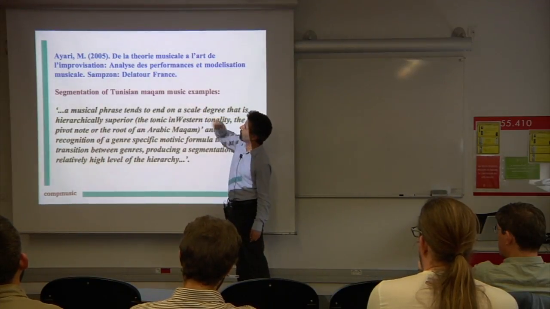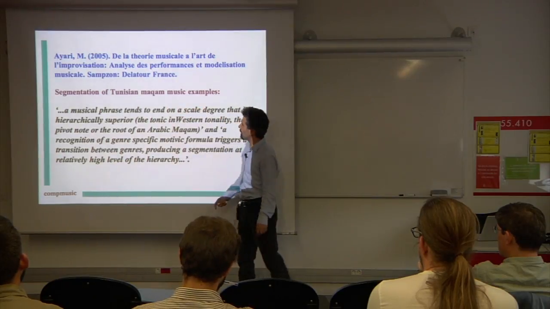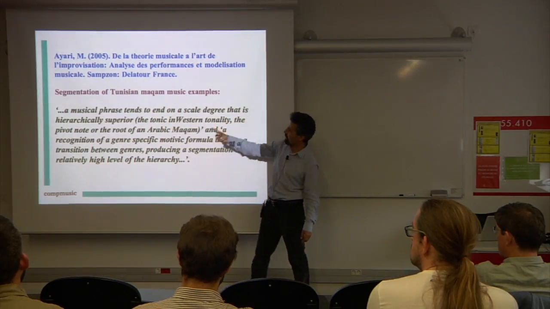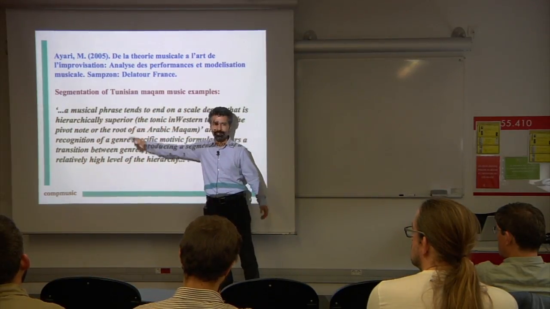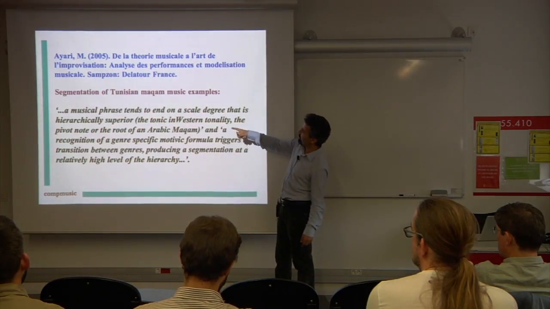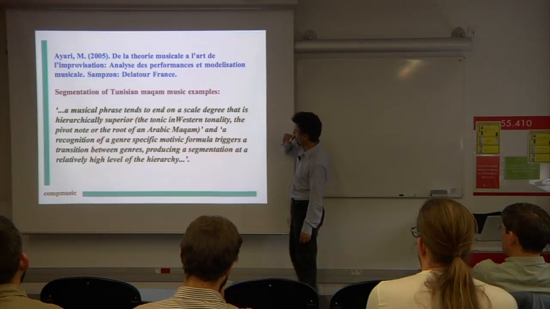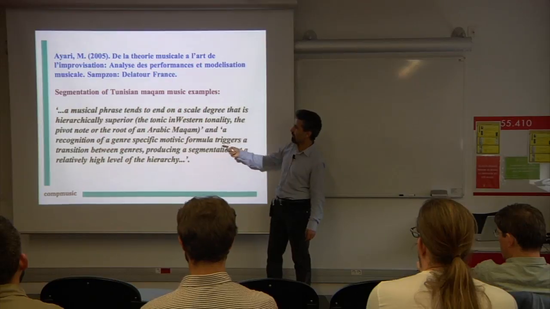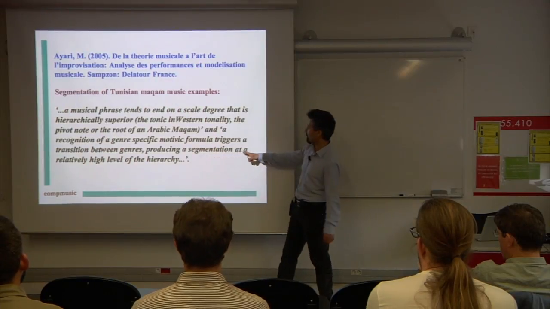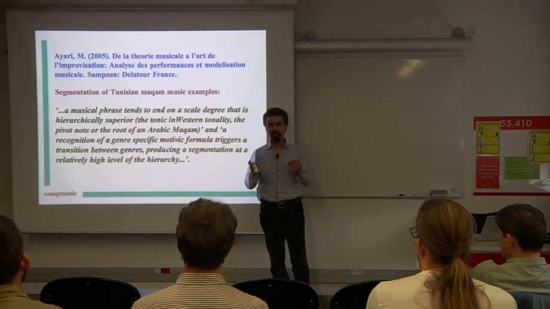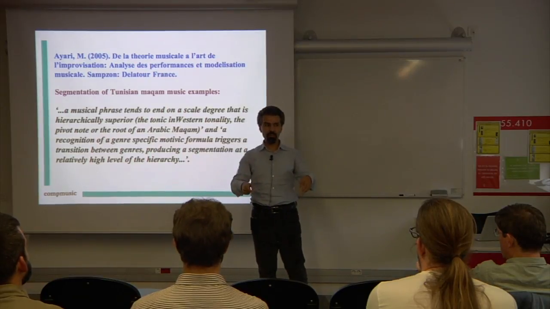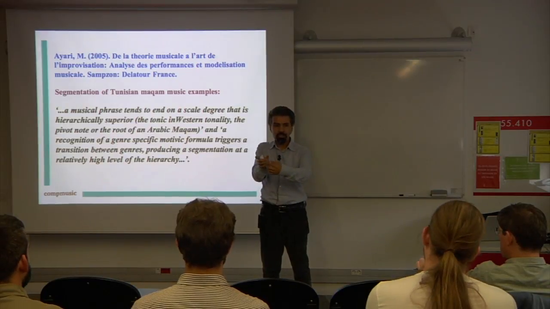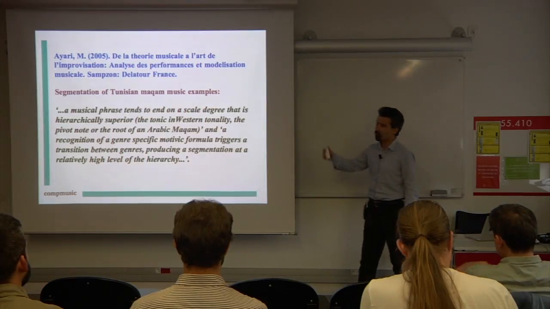Monderayari was working on it for some time, and he wrote, a musical phrase tends to end on a scale degree that is hierarchically superior: the tonic, the step tonality, the pivot note, or in Arabic Makam, a recognition of a genre-specific motivic formula triggers a transition between genres, producing a segmentation. So there is also the concept of parallelism in segmentation of melodies. If there is a motif that's known and repeated, that would fall at the boundary. That's another dimension, but we couldn't consider it.